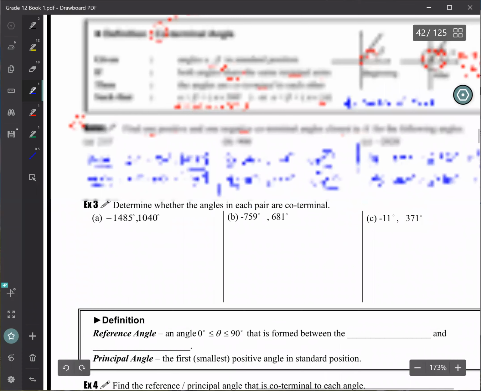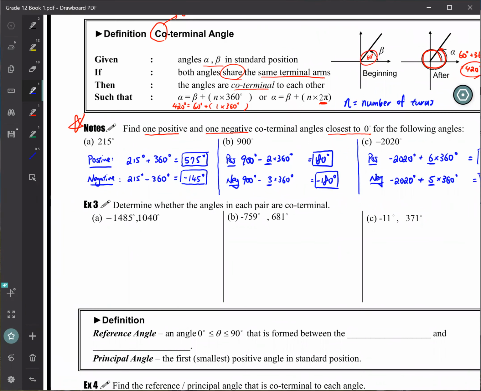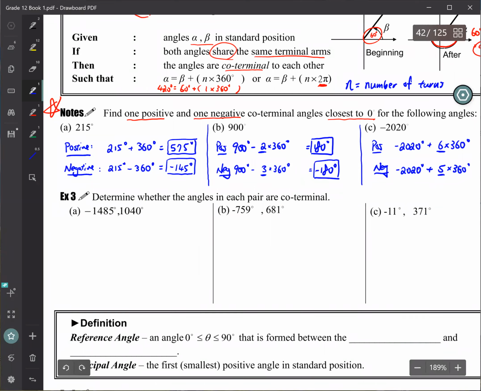Next one is asking if they are coterminal to each other. Same thing, I'm gonna let you figure this out. If they are coterminal, I need you to tell me how many turns it takes to go from one to the other. So these 3 questions, I'll let you try. You can just answer yes, they are coterminal, or no. If yes, please tell me how many turns you need. Raise your hand if you finish question 3.